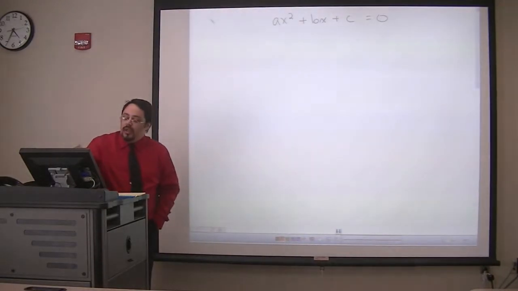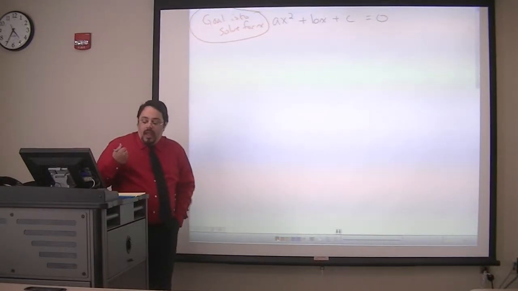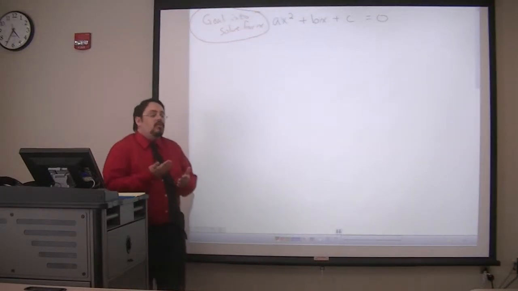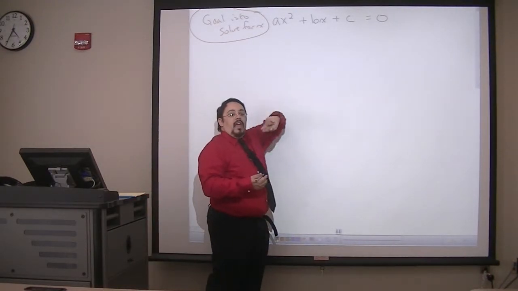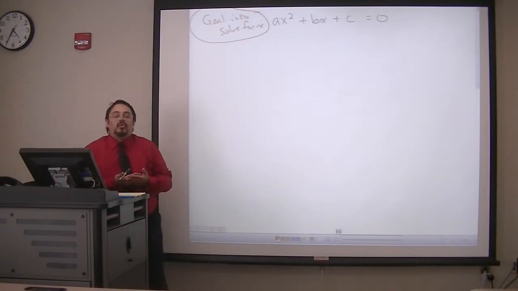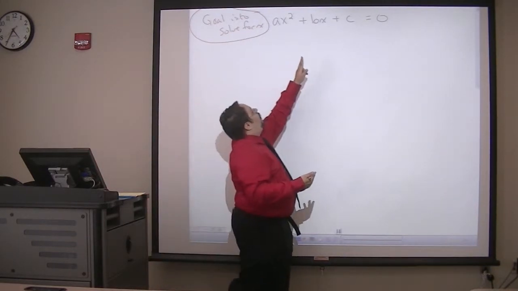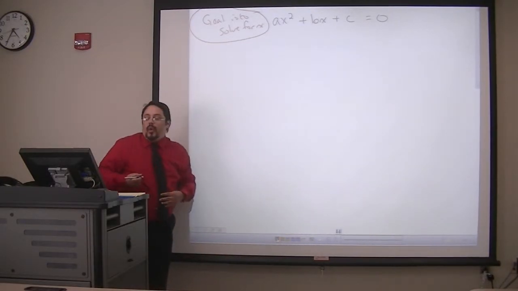Remember through all this, our goal is to solve for x. And we're going to use completing the square. And remember that we can use completing the square once we have a leading coefficient, in this case a, of 1. And we don't have that yet. So what we need to do is divide each term by a in order to start using completing the square.